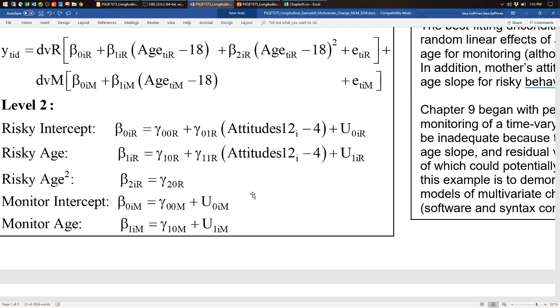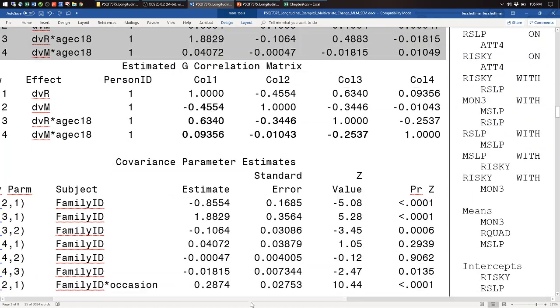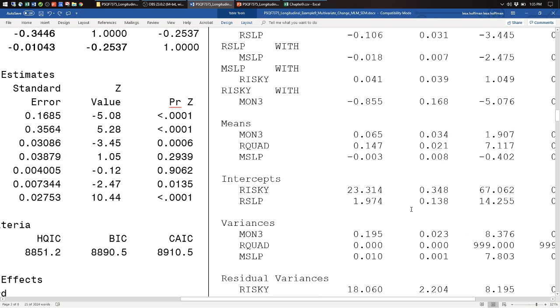Whereas down here, the slope for monitoring is unconditional. So it's not going to be called an intercept in M+ parlance. Instead, it's going to be called a mean. It makes sense when you work really hard to figure it out, but it's annoying.